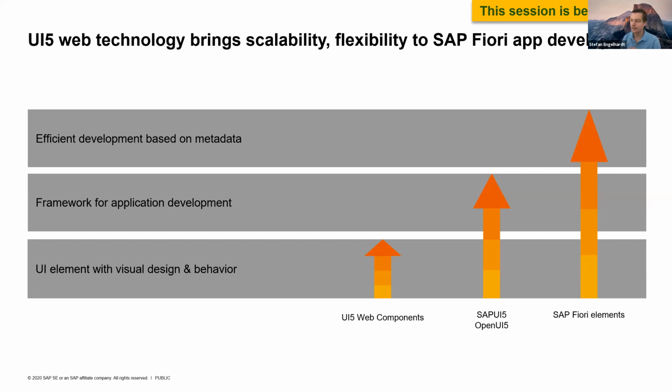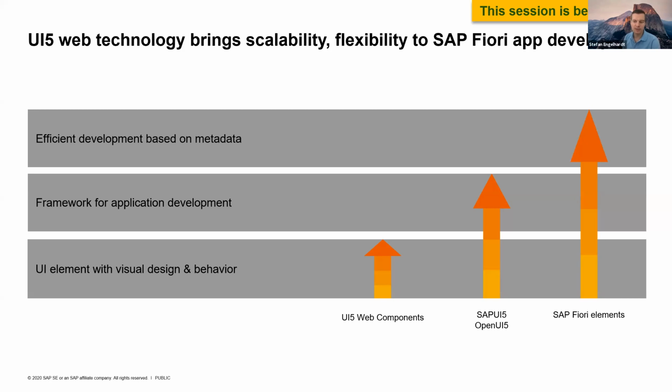So this is basically when you want to use a different JavaScript framework. Then the freestyle apps Peter mentioned would be the SAP UI5 or OpenUI5 way. And if your use case fits the capabilities we have in Fiori Elements, then it's obviously a good way to make it an efficient development project.